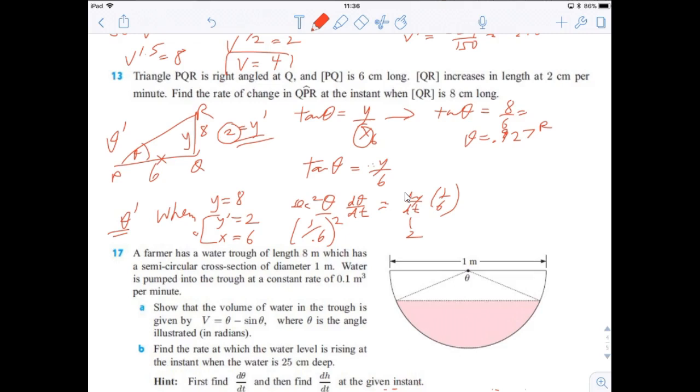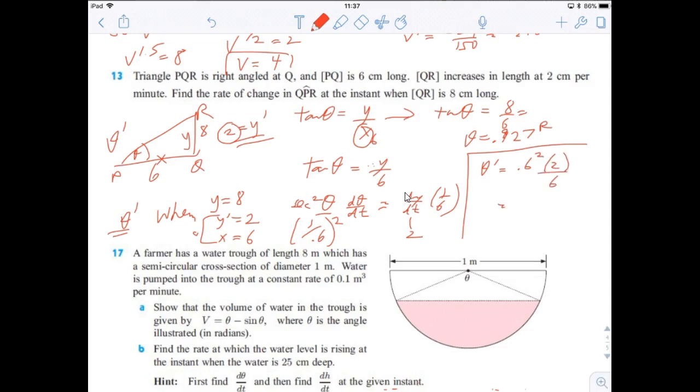So now on the left side we've got 1 over 0.6 squared, and I'm going to multiply both sides by 0.6 squared so that we can put it on the right side by itself. So we'll have theta dash equals 0.6 squared times 2 divided by 6.